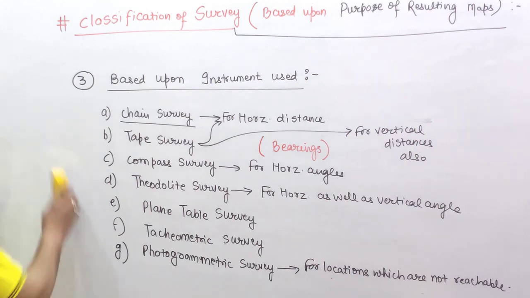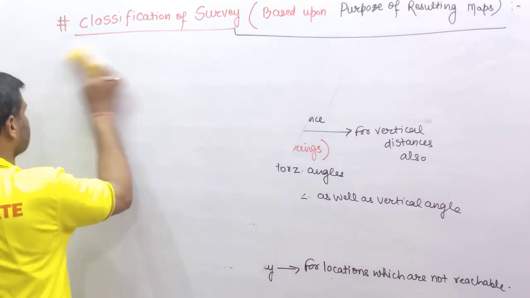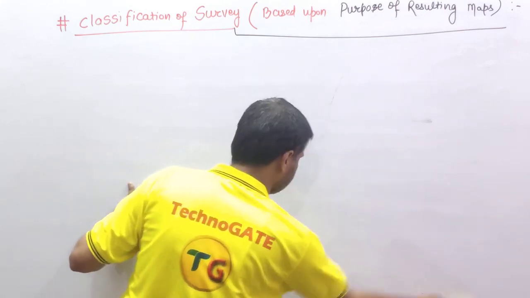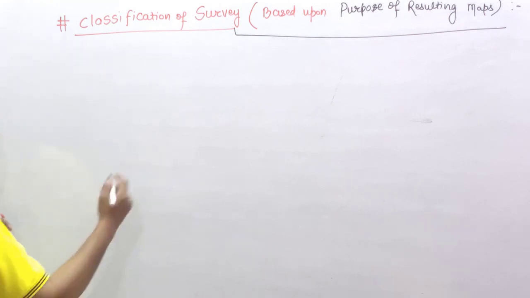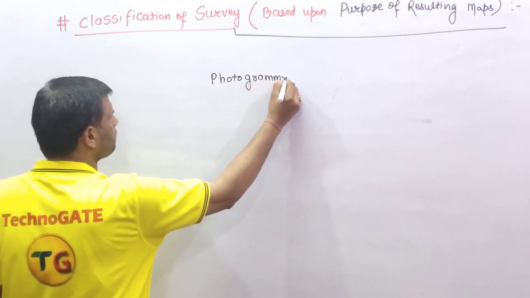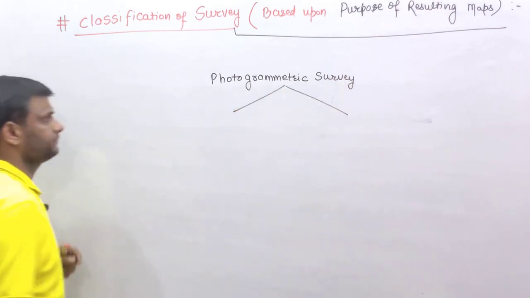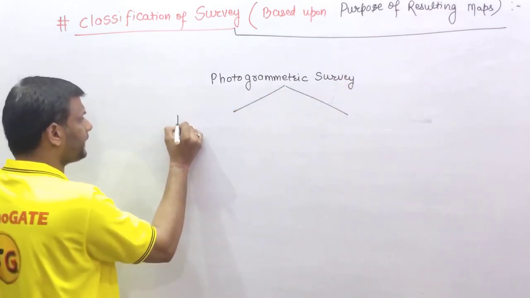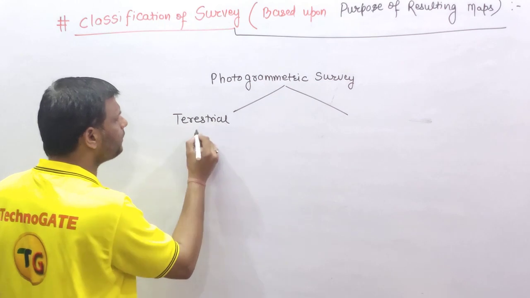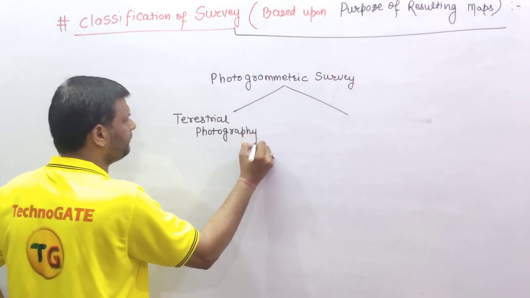Okay. So, if I am talking about the photogrammetric survey, basically, if the camera is fixed at a fixed position, that particular photogrammetric survey is called terrestrial photography.